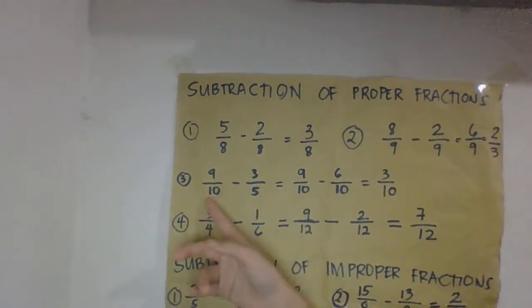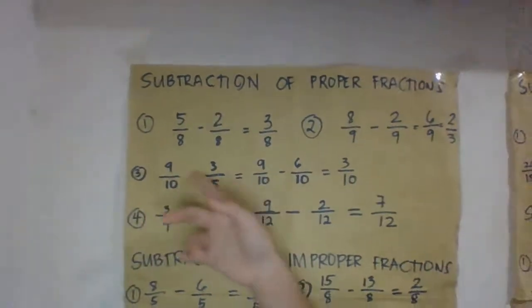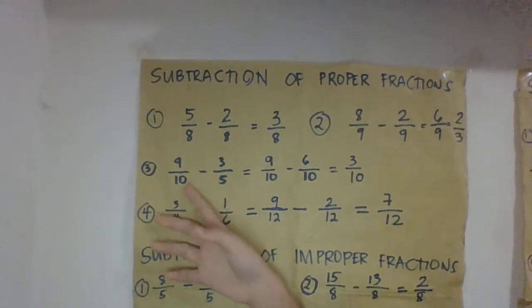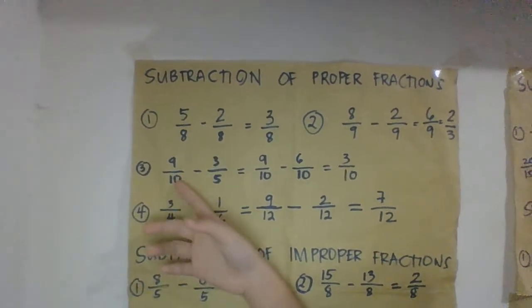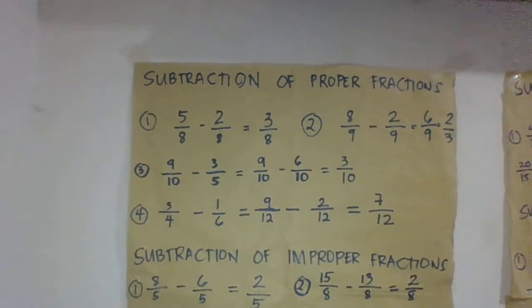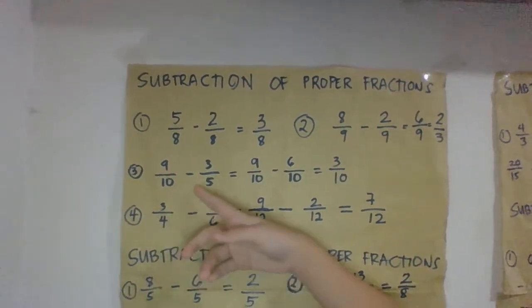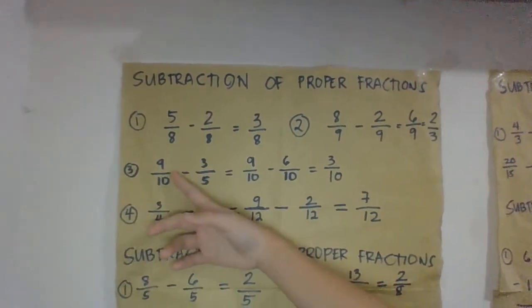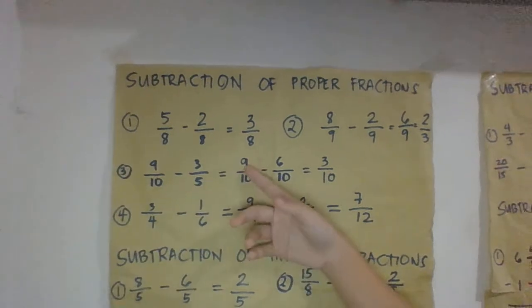To get the LCD of 10, we need to times this by 1. 10 times 1 equals 10. If we times it on the denominator, we also need to times it on the numerator. 9 times 1 is 9.